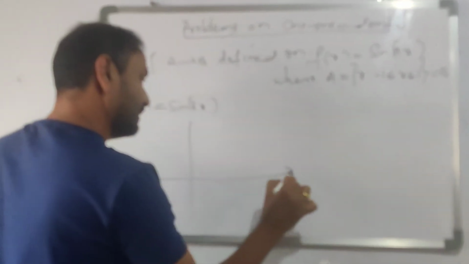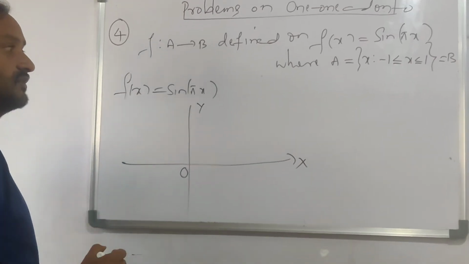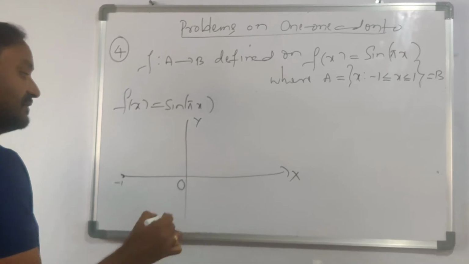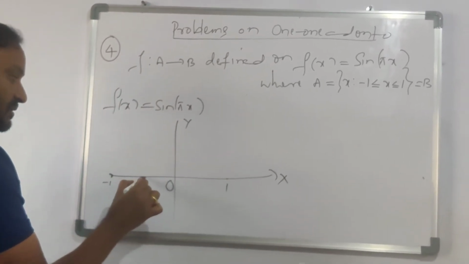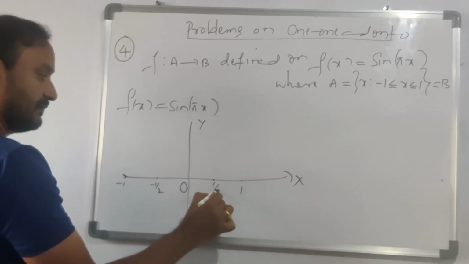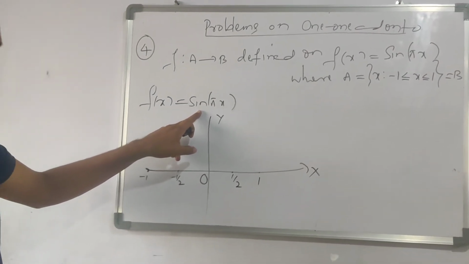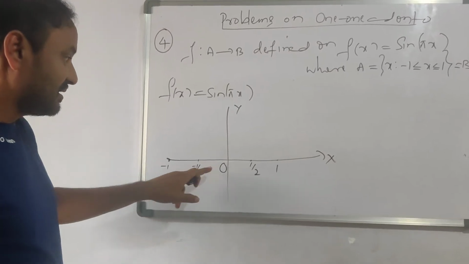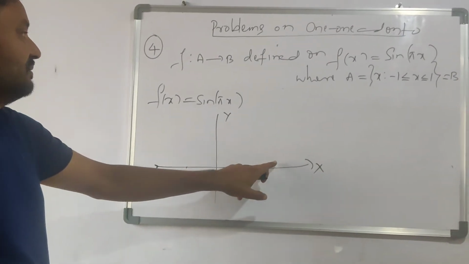Take the graph, x-axis 0. So what are the domain values? Here take minus 1, 0, plus 1. Between minus 1 to 0 take minus 1 by 2, and plus 1 by 2. When we replace minus 1, sin minus pi will be 0. Sin minus pi by 2 will be minus 1, sin 0 is 0, sin pi by 2 will be 1, sin pi will be 0.